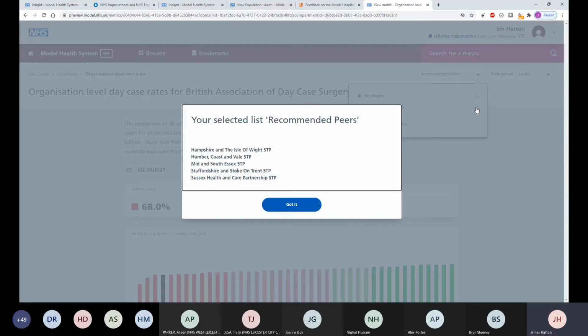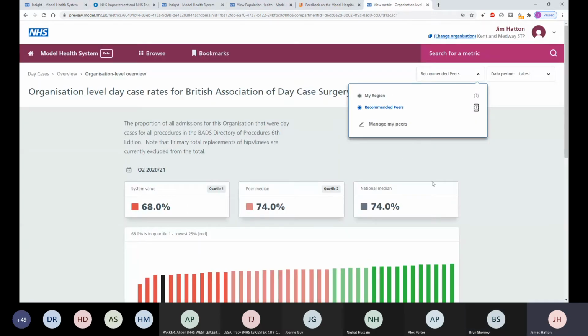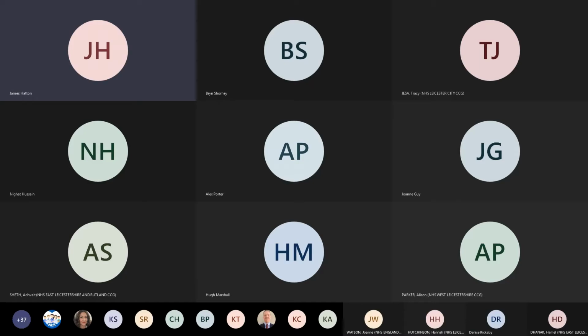So I'm in Kent and Medway. So they're the recommended. For the providers, we had 10 recommended, but when we did 10, it pretty much chose a whole chunk of STP, so we limited it to 5, but we can change that. Just to show that functionality. Cool, back to you.